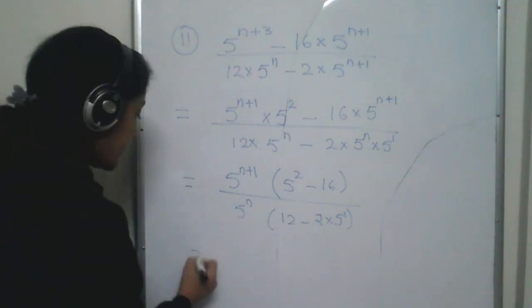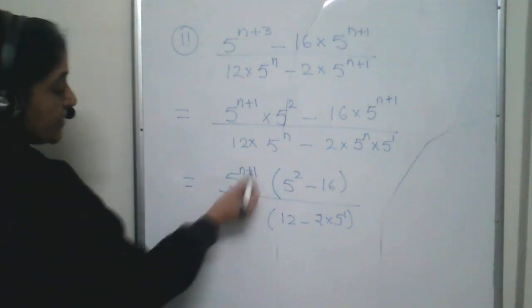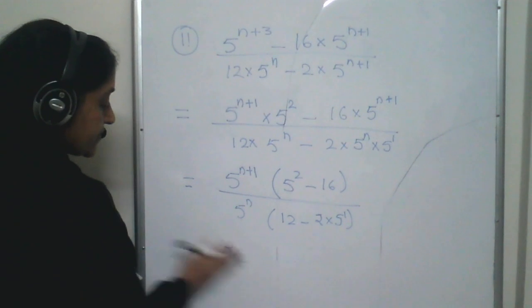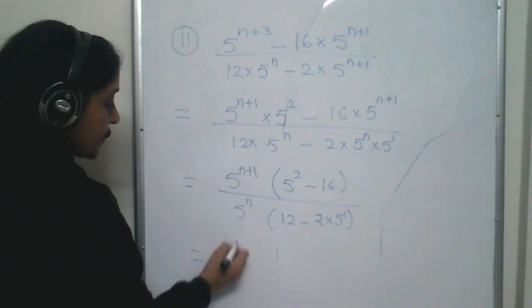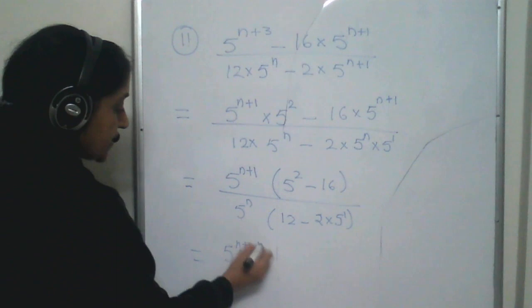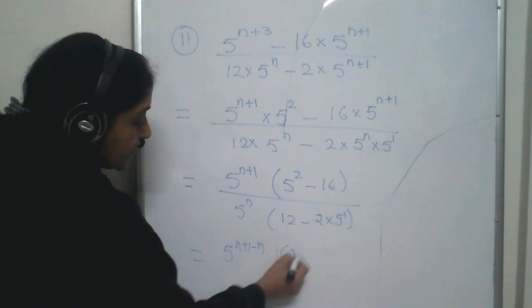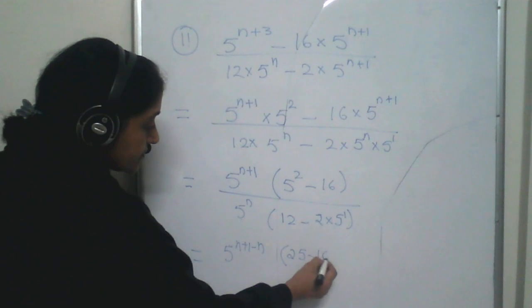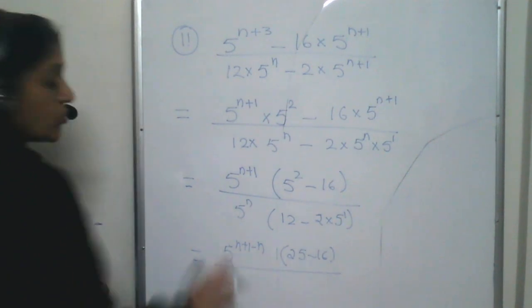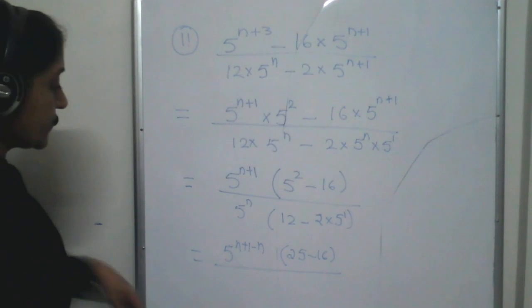Okay. Now here the bases are same, again you can subtract: 5 to the power n plus 1 minus n. Here it is 25 minus 16, whole divided by, what will you get here?